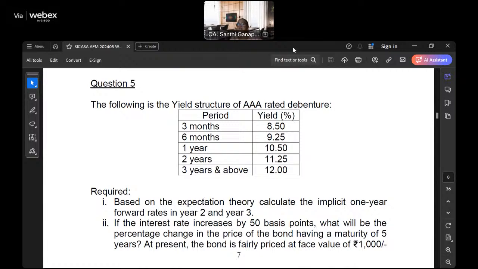If the investors have an expectation of what the 1 year interest rate will be next year, the 2-year interest rate can be calculated as the compounding of this year's interest rate by next year's interest rate. So the theory suggests that the yield depends on market participants' expectation of future interest rate.